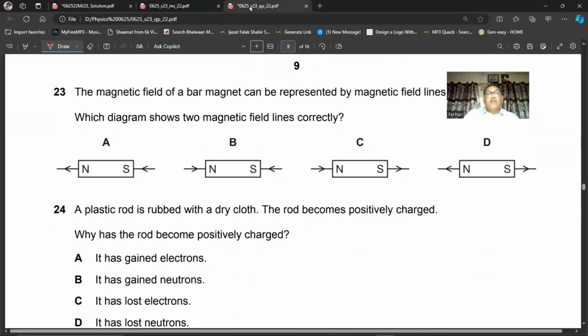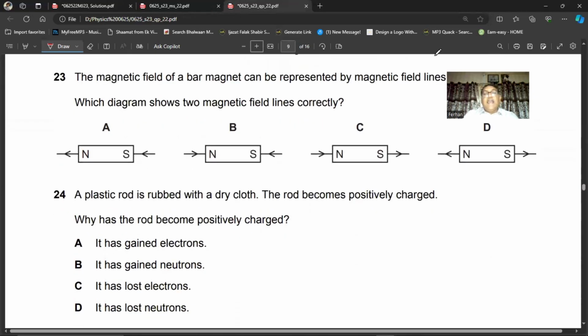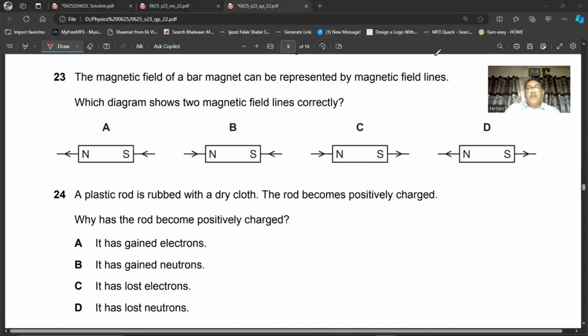That is question number 23. Here we have a magnetic field of a bar magnet that can be represented by the magnetic field lines. Which diagram shows two magnetic field lines correctly?